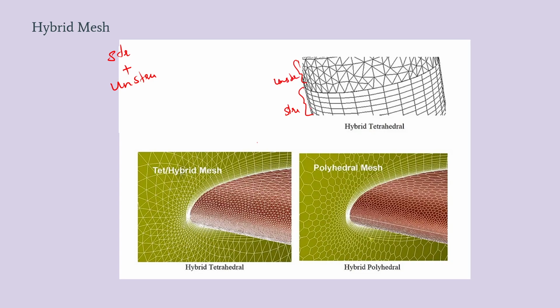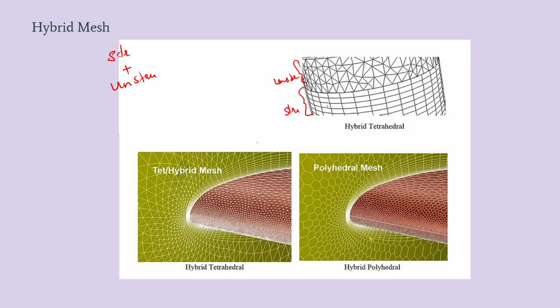So we can choose different types of meshing for different regions of the same computational domain, depending on our accuracy or computational needs.